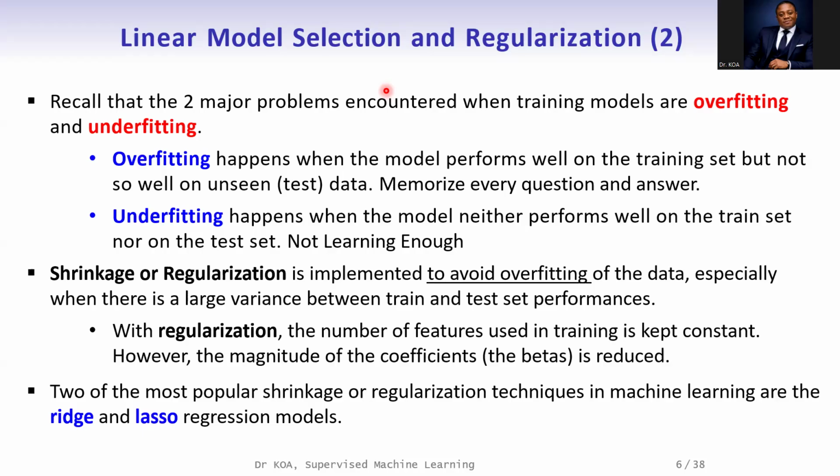But when you have regularization, the number of the features that are used to train is kept constant. You don't change the features. What regularization is doing is that the magnitude of the coefficients, the betas, are reduced. I told you the idea is, if the independent variable is not important, reduce the coefficient to 0.